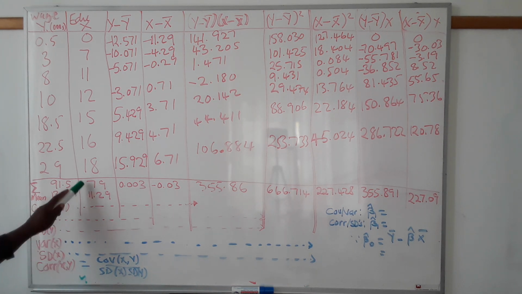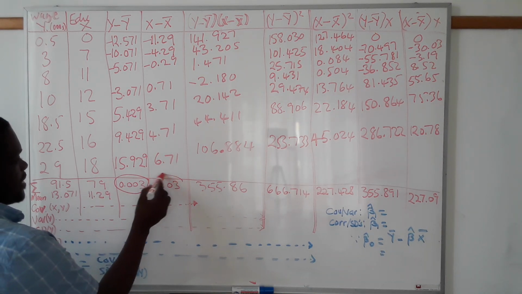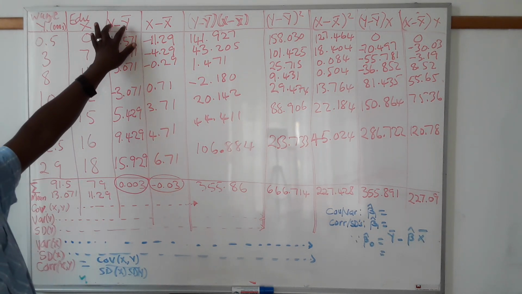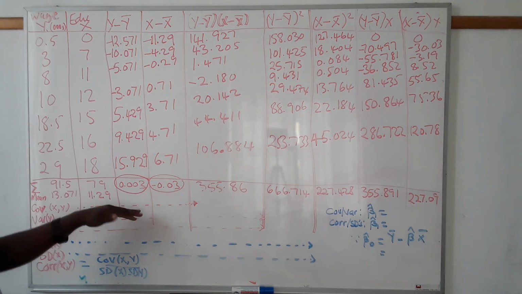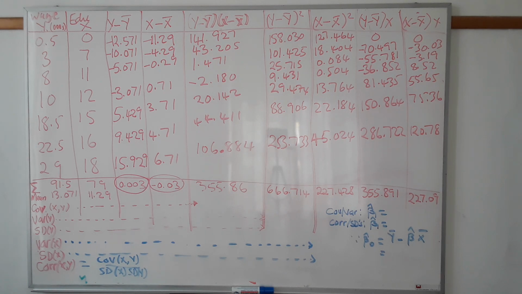Now, because of rounding off errors, we didn't get exactly 0, but for all intents and purposes, you can see that these numbers are 0, which means if you sum the deviations of a variable from its mean, you should get 0. This is what you see here.